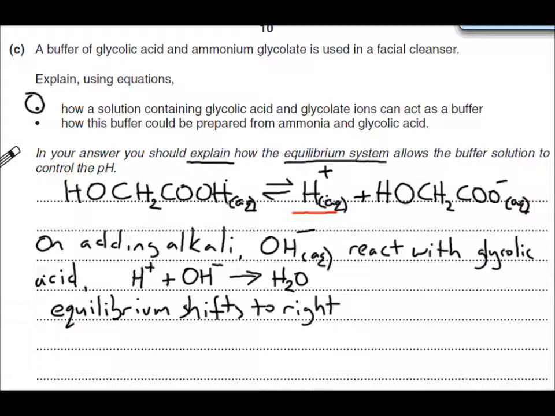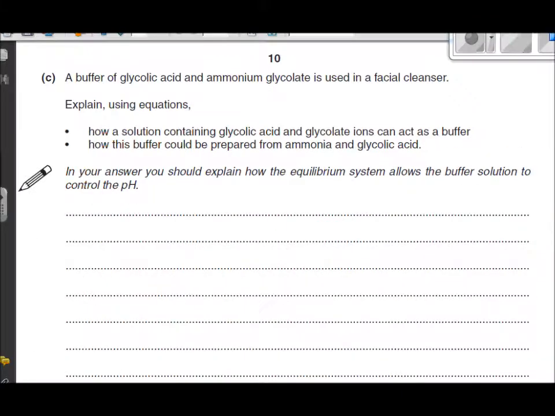We've described the action of a buffer, specifically talking about glycolic acid, a weak acid, and ammonium glycolate, which is the conjugate base of that acid, and how it can prevent the significant changes of pH when we've added an acid or an alkali. Now let's answer the second bullet point.